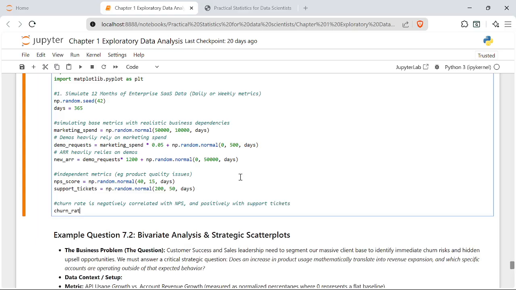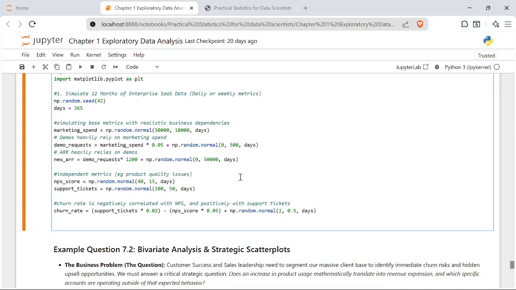Churn rate equals support tickets times 0.02 minus NPS score times 0.05 plus np.random.normal(2, 0.5, days). So we assemble the data frame.